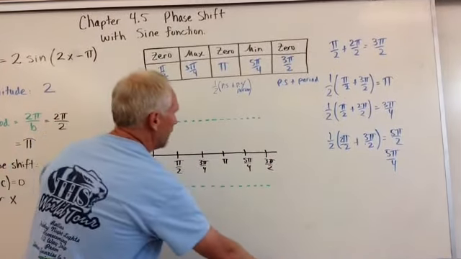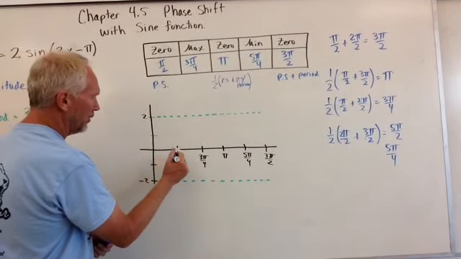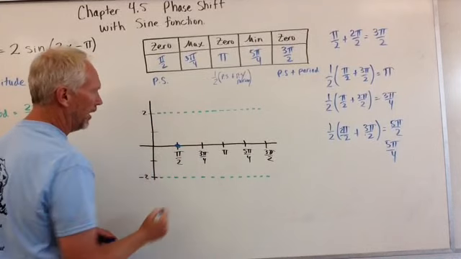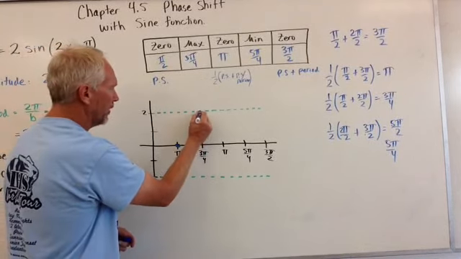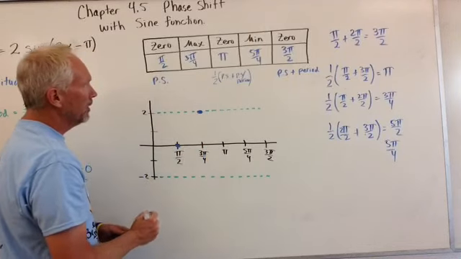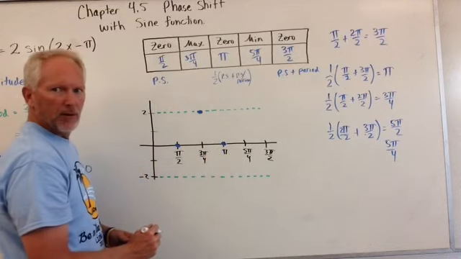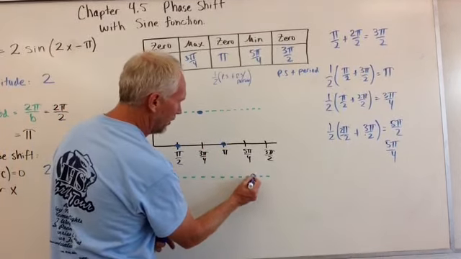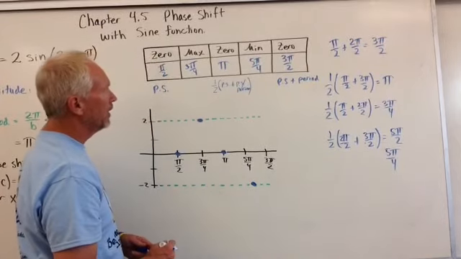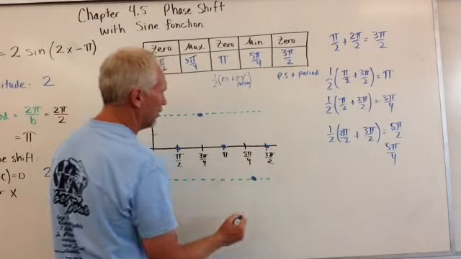So when we graph this, we start with a 0 at pi over 2. We have a maximum at 3 pi over 4, a 0 again at pi, a minimum at 5 pi over 4, and finally a 0 back at 3 pi over 2.